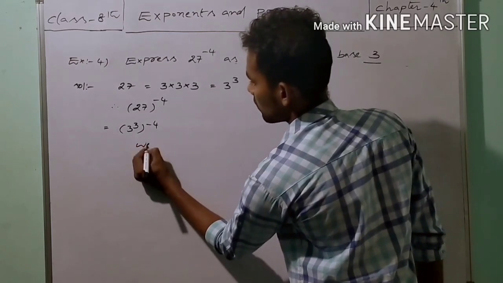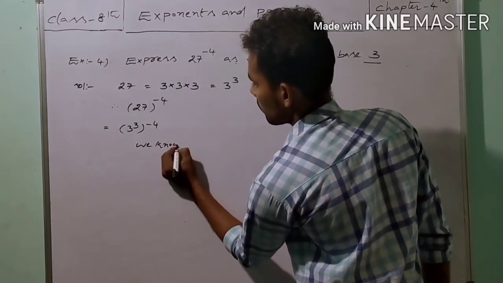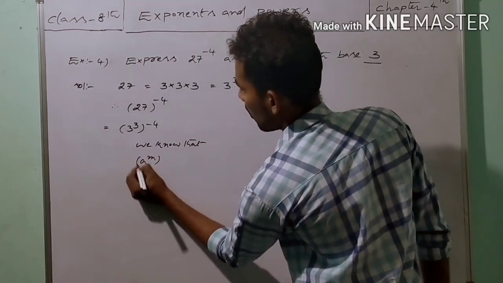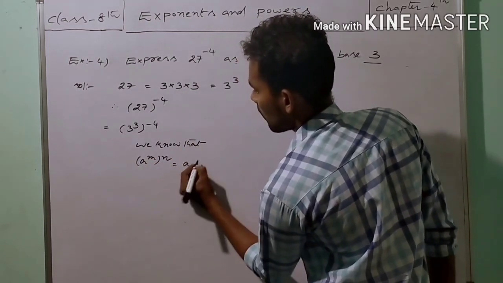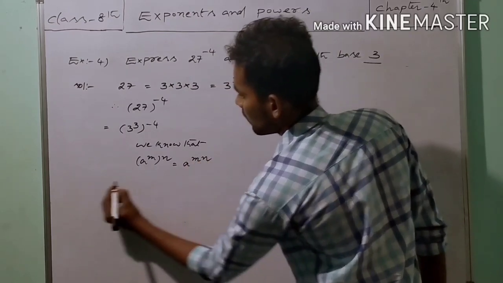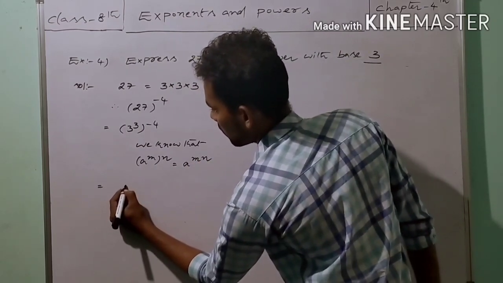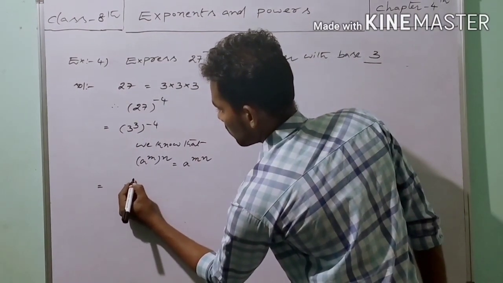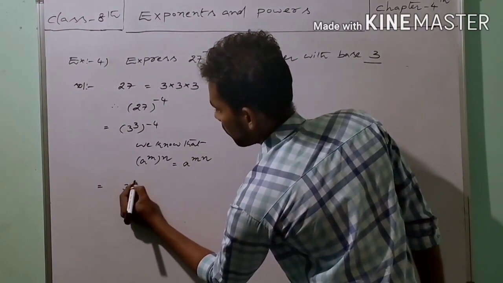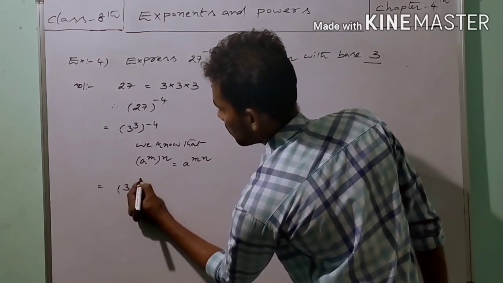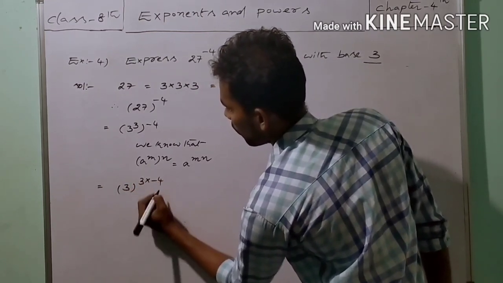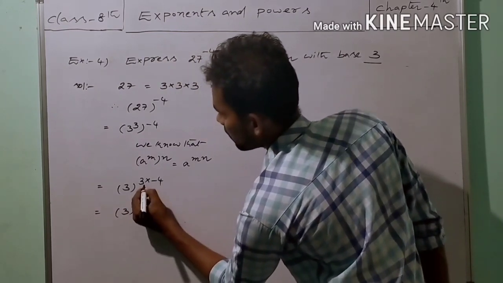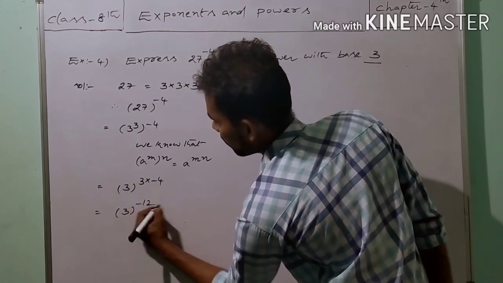We know that a power of m whole power of n equals a power of mn. 3 whole power of 3 into minus 4 equals 3 power of minus 12.